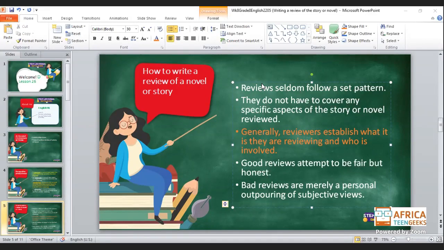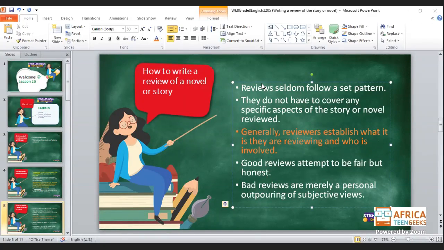So if we review a novel, then there are some things which we will need to remember to write about in our review. And those things which we need to write about in our review. So these are the following things which we will need to write about when we review a novel.